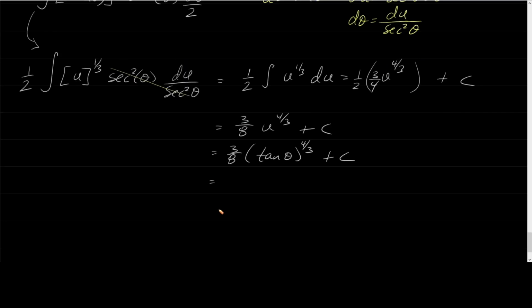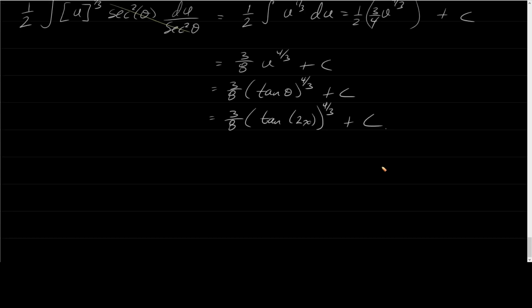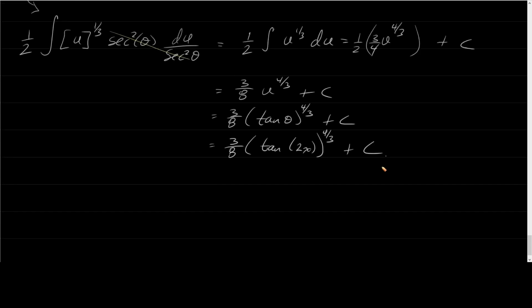So we have to bring this problem back to our x. So we have 3/8 times tan of 2x to the 4/3 plus c. And now that we made our problems all about our x, now we can go ahead and move on. So that was example H. Example I.